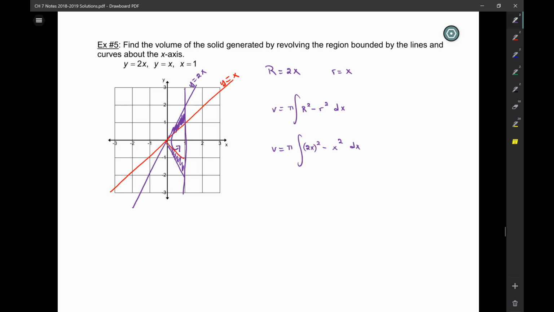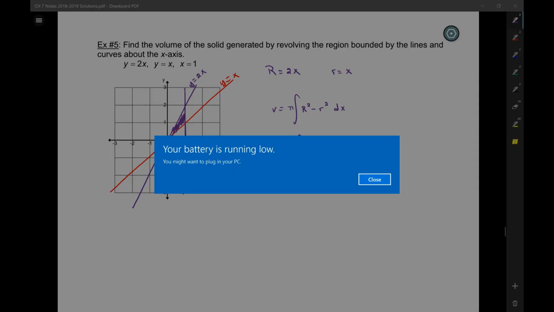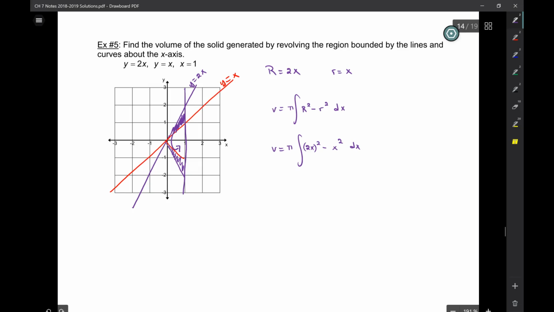X, because it's dx. So this goes from x equals 0 to 1. Now, you know what? It's actually quicker if we do this by hand. Because, what do you get here? The 0 goes away, and then you get 2x cubed over 3 minus x cubed over 3.